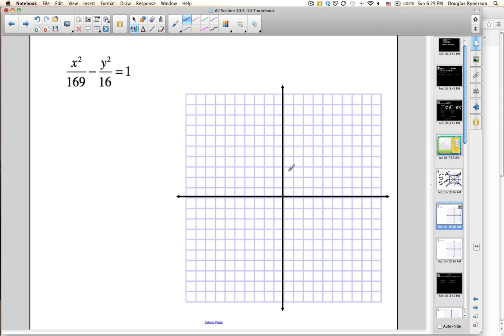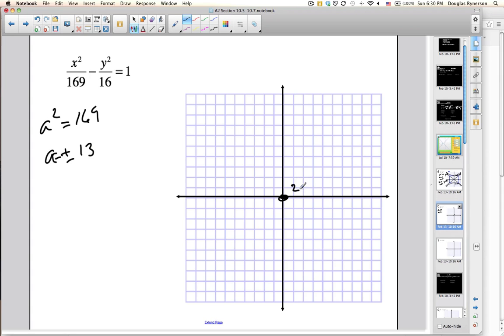Okay, another example. This one is going to be horizontally oriented. I'm going to take the square root of 169 to find my a value, plus or minus 13. So my center again is at 0, 0.